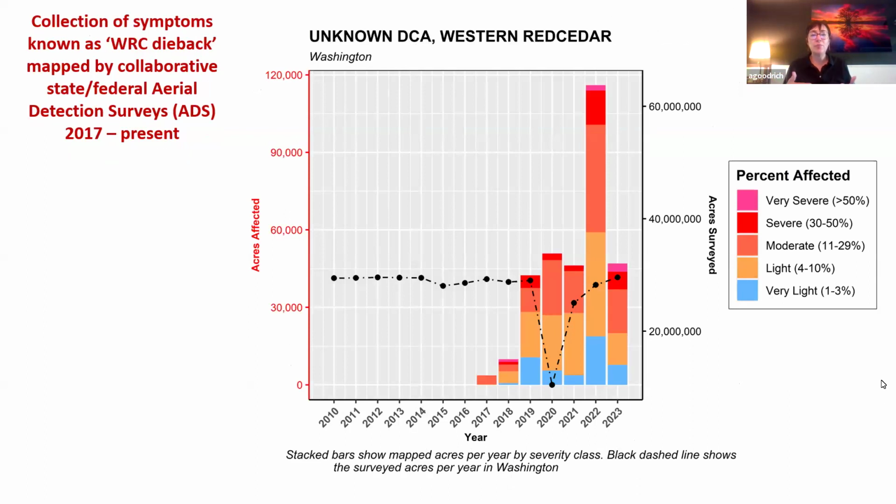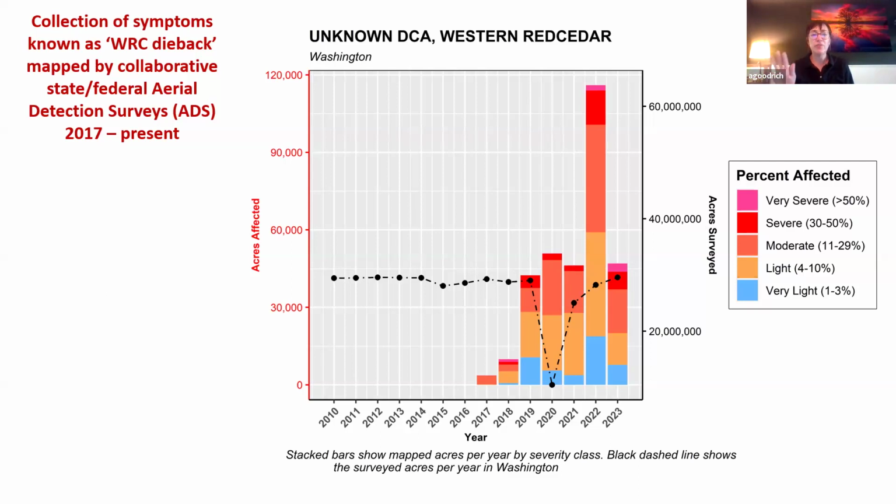But this is the timeline of how many acres they mapped since 2017. The acres affected on the y-axis on the left is what's important. That's what the bars correspond to. You can see it started out in 2017 mapping maybe 1,000 acres, and it really jumped up in 2019, 20, 21, and 22. In 2022, obviously, they mapped almost 100,000 acres of Western red cedar dieback.